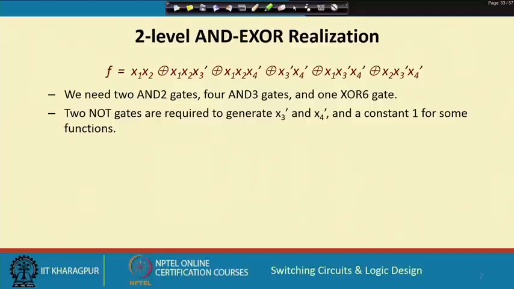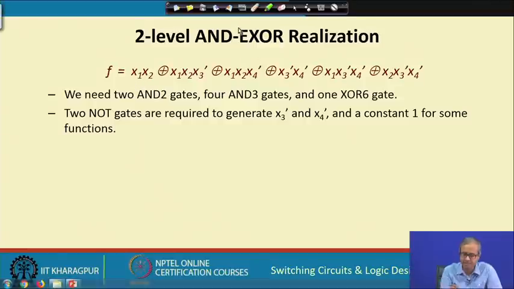Now, let us talk about two level AND-EXOR realization. So, the function that we just arrived at, the function is like this. So, in order to implement it, what we need? So, how many product terms are there? 1, 2, 3, 4, 5, 6.